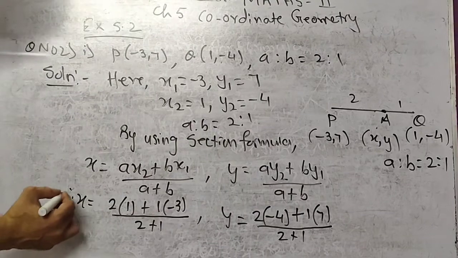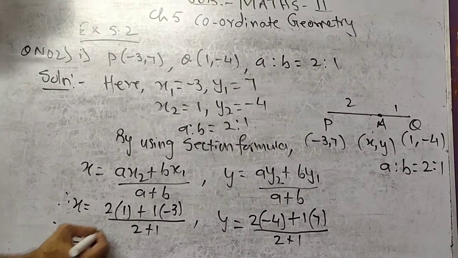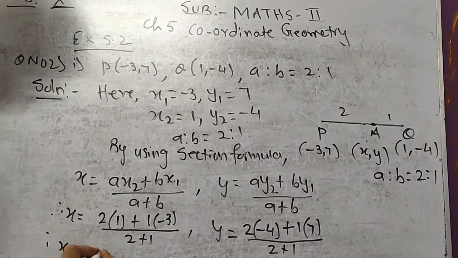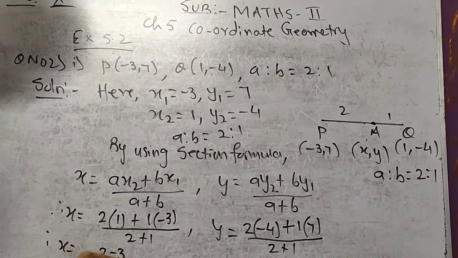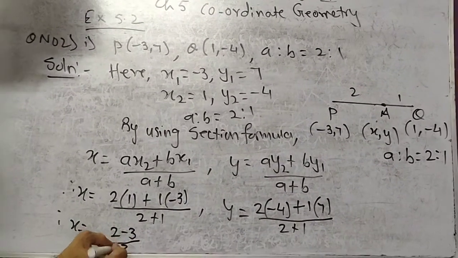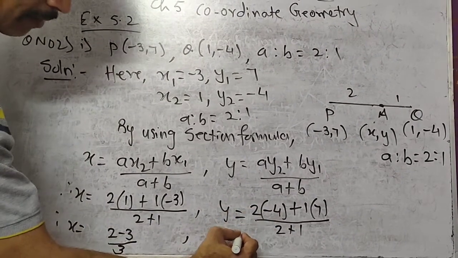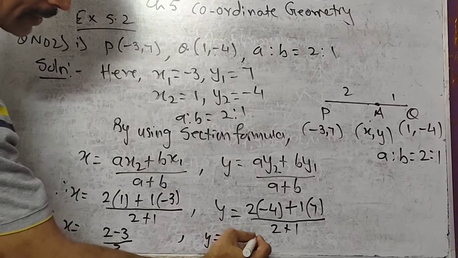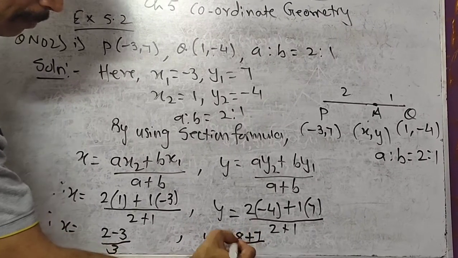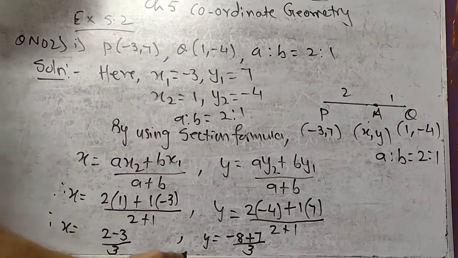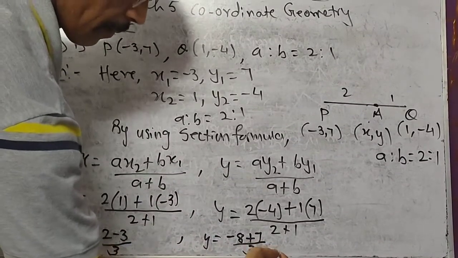So here you will get x is equal to 2 ones are 2 and here 1 into -3 will be -3. So 2 minus 3 upon 3, and here y is equal to 2 4s are 8 means -8 plus 7 upon 3.